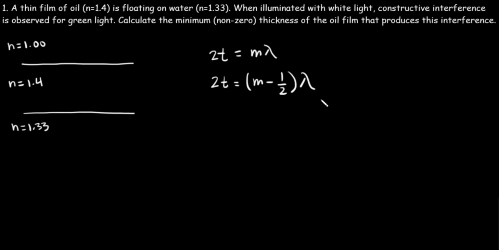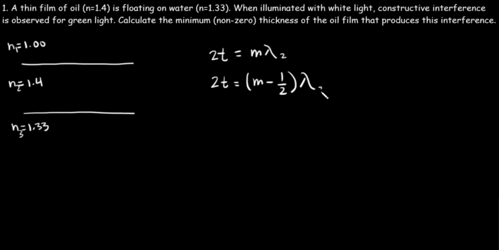So we want to figure out which of these formulas to use. By the way, T represents the thickness, so that's what we're looking for, because it's asking for the thickness. T represents the thickness of the oil film. And the wavelength in this equation, let's call it wavelength 2, is the wavelength that is in the oil. So we can label this as N1, N2, and N3.